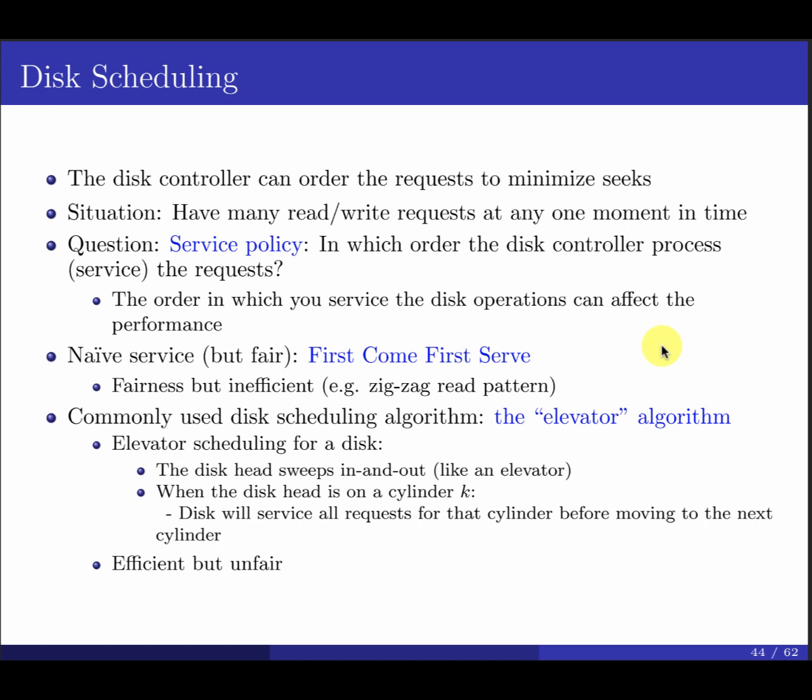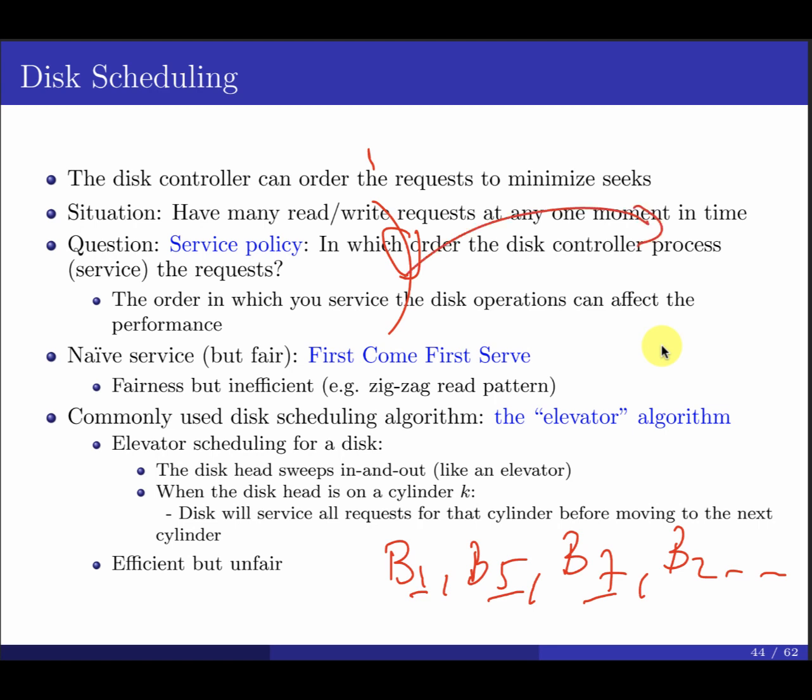We have simple techniques. There are two techniques we need to cover. One of them is the naive solution, first come, first serve. Assume that at the high level we say, I need block 1, I need block 5, I need block 7, I need block 2, and so on. To simplify, block 1 means the first cylinder, 5 the fifth cylinder, 7 the seventh cylinder, etc. So you start from 1, then jump to 5, then jump to 7, then maybe back to 2.